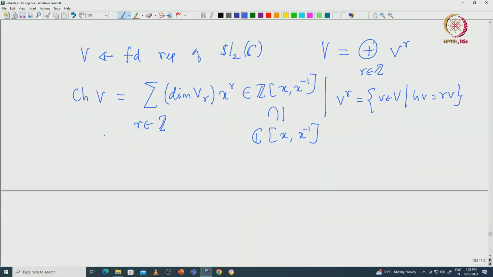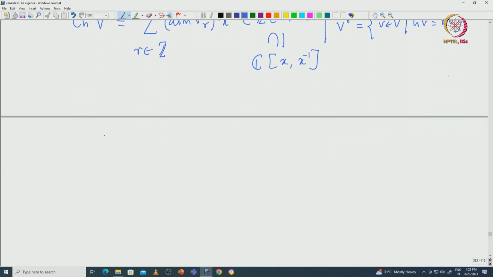Then we tried to compute the character of this VD. I wanted to simplify that, so let me do it again. If I take the character of VD, where VD is a given finite dimensional irreducible representation, then we know that VD has this basis: V naught, V1, etcetera, VD minus 1, VD.